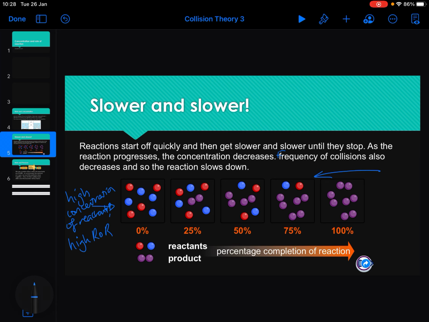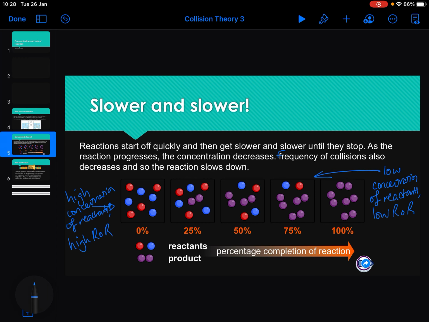And then here, low concentration of reactants, low rate of reaction. So again, please pause the video, make notes on that. You will want to draw those diagrams, so you're going to need 3 colours there, really. It doesn't have to be blue, red and purple, that's not an issue, just 3 colours.